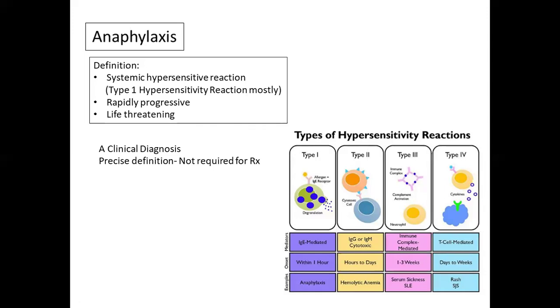There is no immunological thing there. The radiological contrast medium directly causes mast cell degranulation, causing massive histamine release, right? So that is basically the pathophysiology of anaphylaxis.